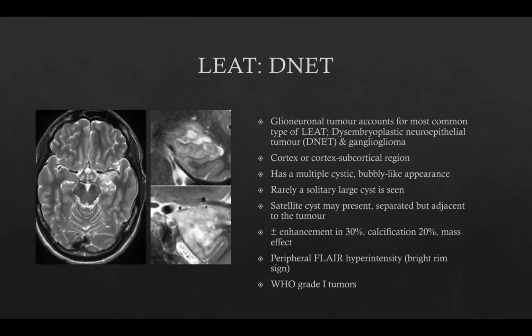DNET has a multiple cystic bubbly-like appearance, and it is rarely a solitary large cyst. Surrounding the large cystic lesions, you may also see satellite cysts. It can present with enhancement in 30% and 20% would have calcification. In some cases, you may also see peripheral FLAIR hyperintensity, and most DNETs are actually WHO grade 1 tumors.